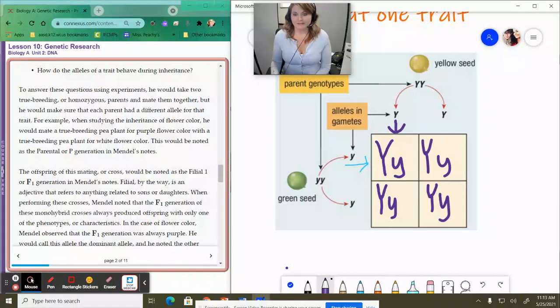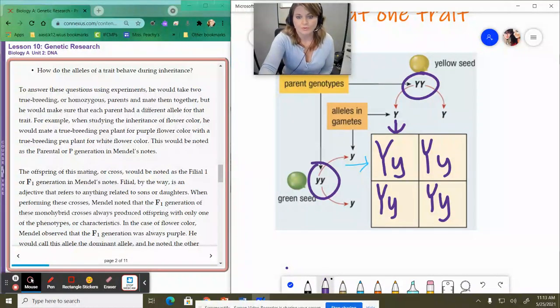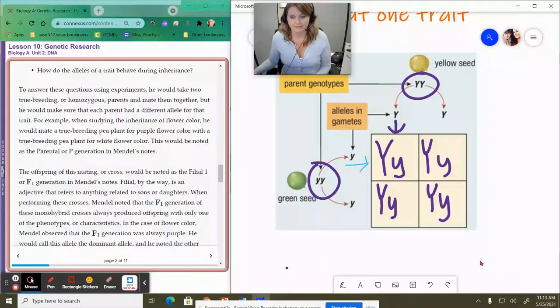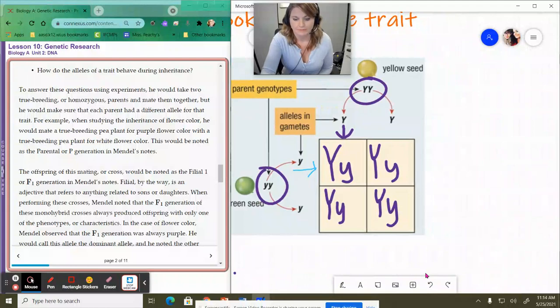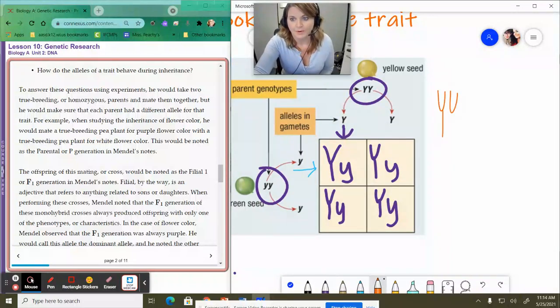So what this tells us, again, this is our P generation, here and here. Those two are our parents, right? So our P generation, I could write this a slightly different way. Sometimes you see it written like this. Sometimes you see big Y crossing with little y. And that tells us what our cross is going to be. And then this is our P generation.